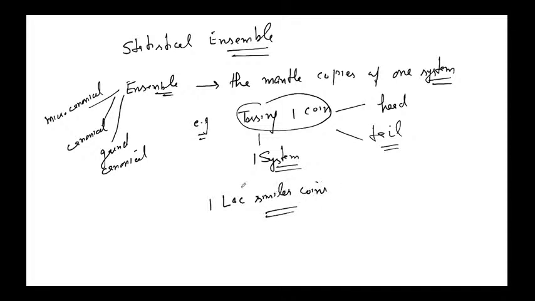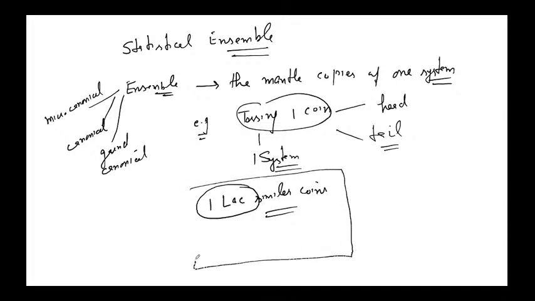If I toss these 1 lakh coins at the same time and find the probability distribution of the head and tail, then that is known as an ensemble, because now I am talking about a large number of identical systems, and I am finding the probability distribution of head and tail for this case. So this 1 lakh coin study is known as the ensemble.